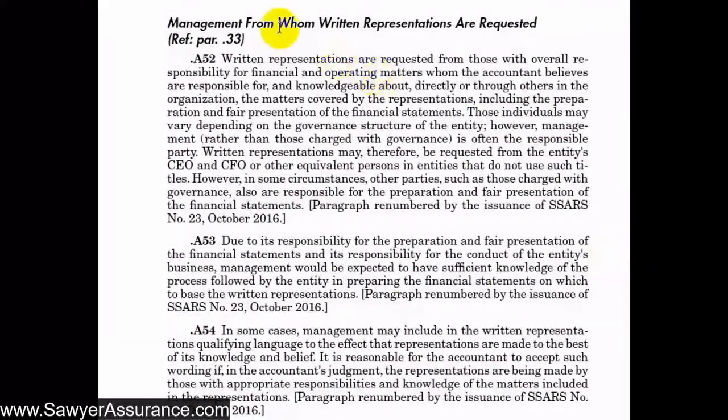Regarding who we should get these written representations from, typically we will get them from a member of management who is responsible for the preparation and fair presentation of the financial statements, and typically not someone charged with governance, because they're a little too far removed from management. So this might be either the CEO or the CFO, and sometimes other parties, including those charged with governance, if they are responsible for the preparation and fair presentation of the financial statements.